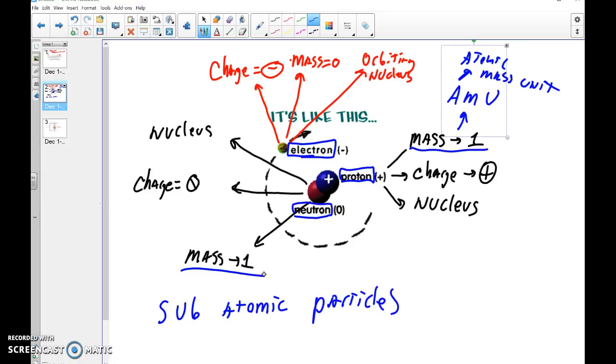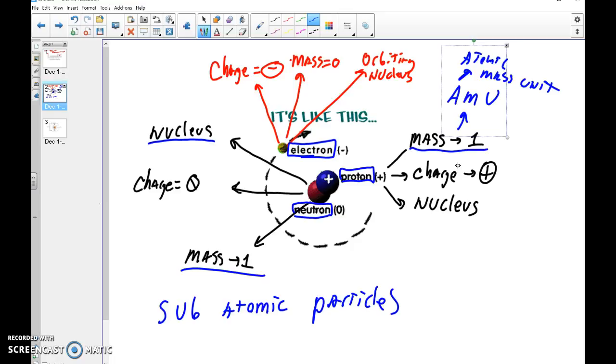The proton has a charge of plus, so it has a positive charge, and the proton can be found in the nucleus of an atom. Now, neutrons also have a mass of 1. They are also found in the nucleus of an atom. But what makes protons and neutrons different is that protons are positively charged and neutrons are neutral. Neutron, neutral.